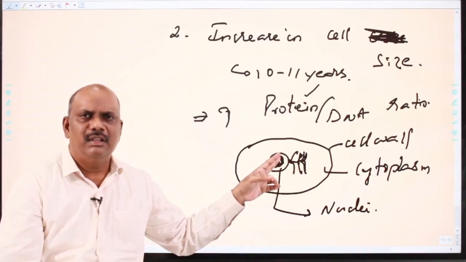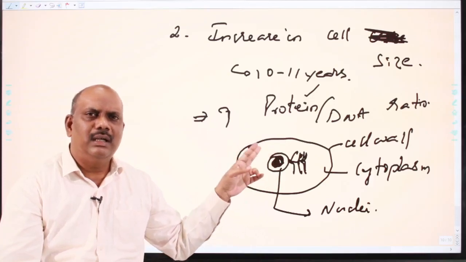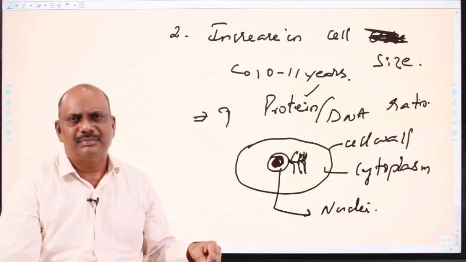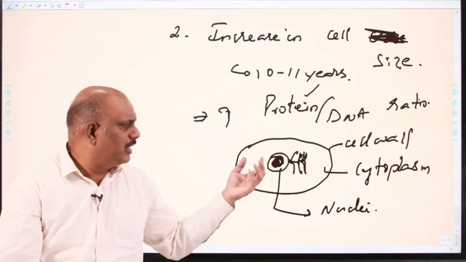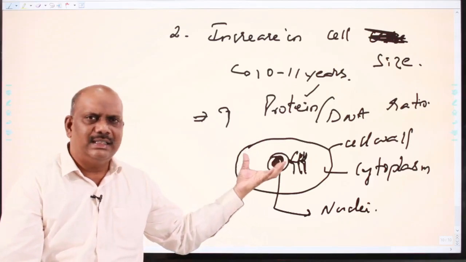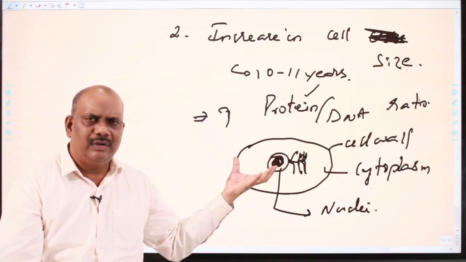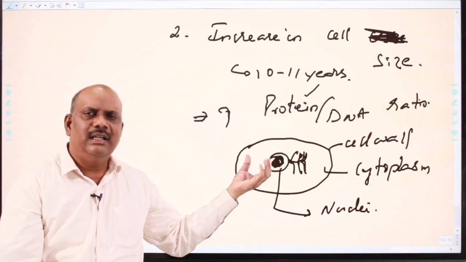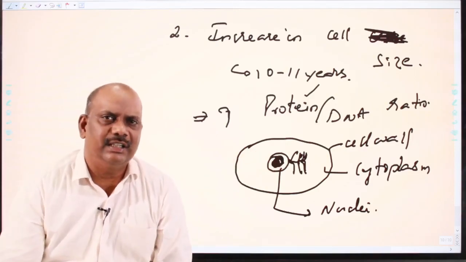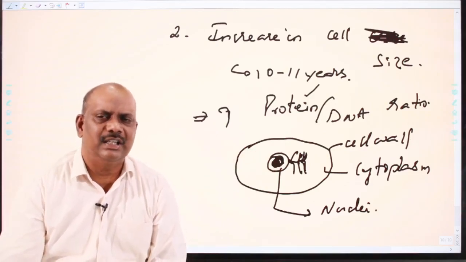I still remember Kavitha ma'am teaching you the smooth and rough endoplasmic reticulums. So there will be an accumulation of protein in the cell. As a result, there will be an increase in the protein DNA ratio. This results in the increase of cell size.